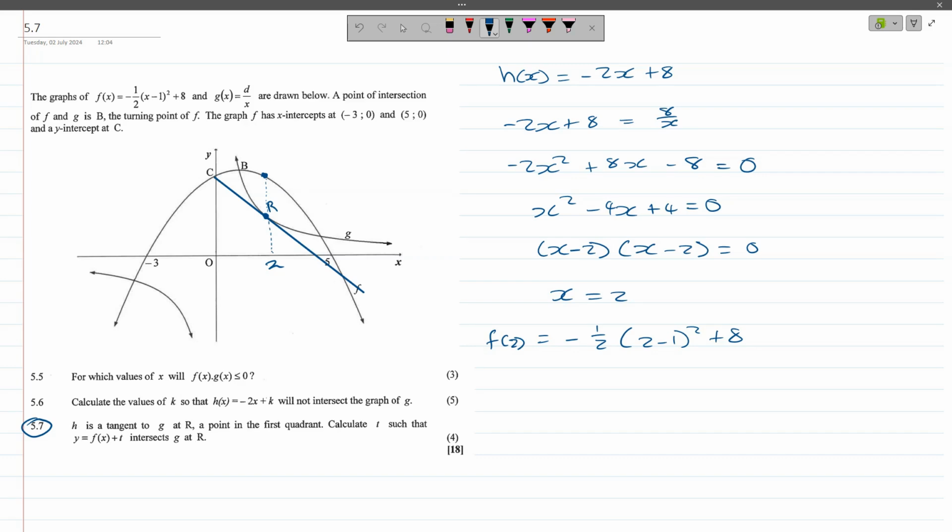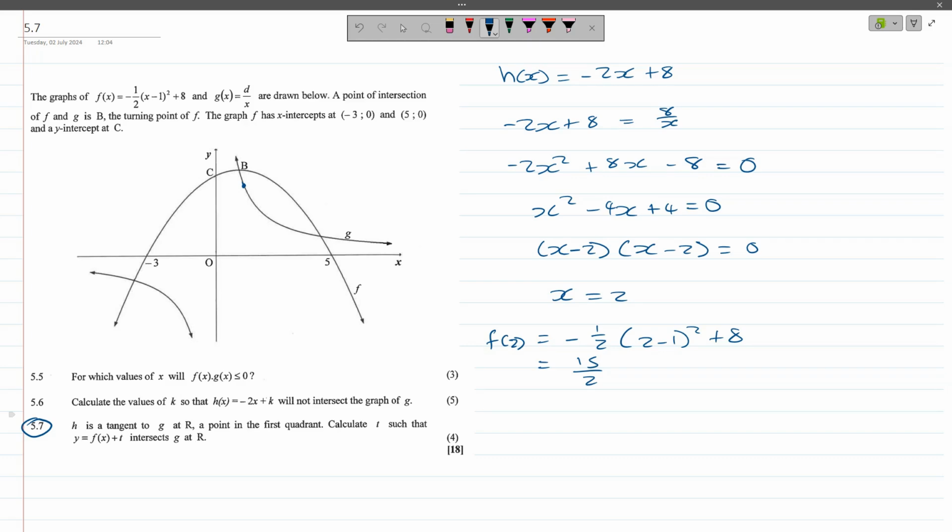That would just be 8 minus a half, which is 7.5, or rather 15 over 2. So 15 over 2 is the value that we currently have. That means this approximate drawing is in the incorrect position. It should be somewhere over here, rather. But anyways, we now have the value of the function at that point.